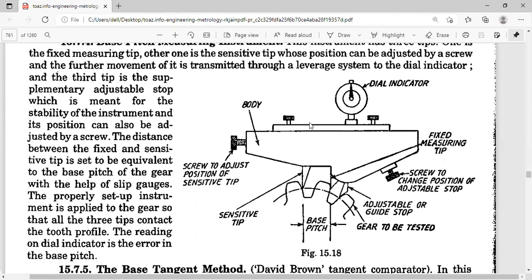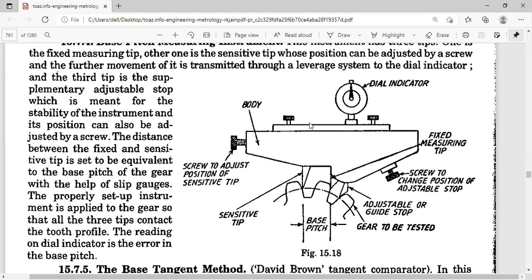Whatever method I'm telling you, try to follow. On the second gauge, after getting a constant reading on dial gauge A, any change in the reading on dial gauge B will indicate that pitch errors are present. If you note down the reading on the dial gauge, it will give a direct reading of the error in the base pitch.